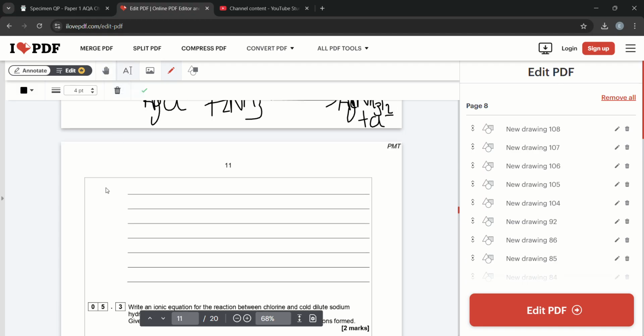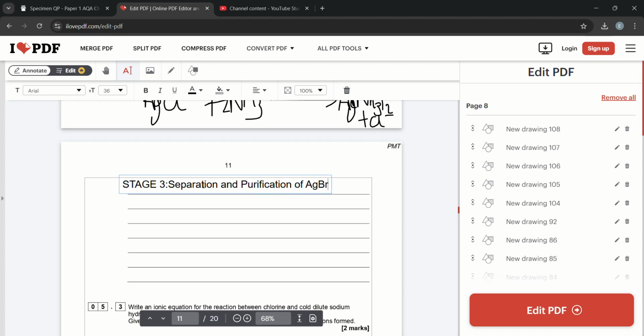And then stage 3, separation and purification of AgBr, silver bromide. We want to filter off the remaining silver bromide precipitate.